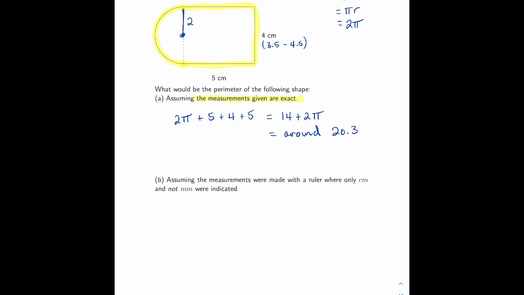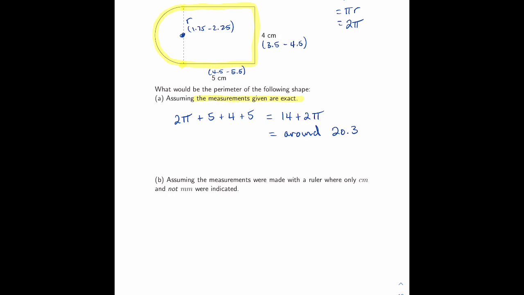And therefore, this radius here is somewhere between half of that, 1.75 and 2.25. And this 5 is somewhere between 4.5 and 5.5.